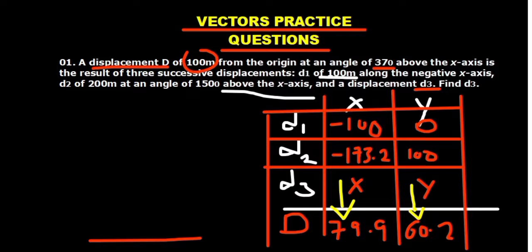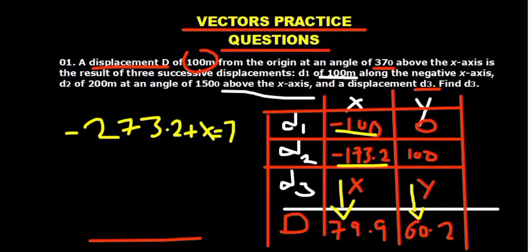We have negative 100 plus negative 173.2, which gives negative 273.2. Negative 273.2 plus x, after adding, is supposed to give me 79.9, because D was a resultant of these other vectors.